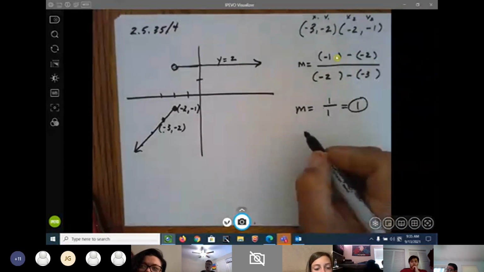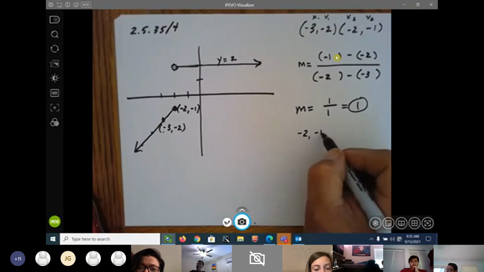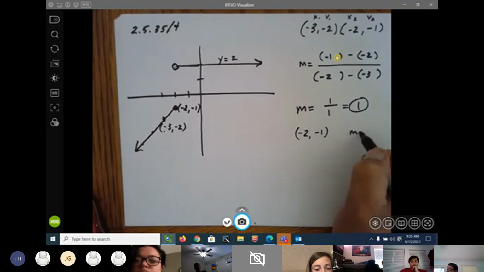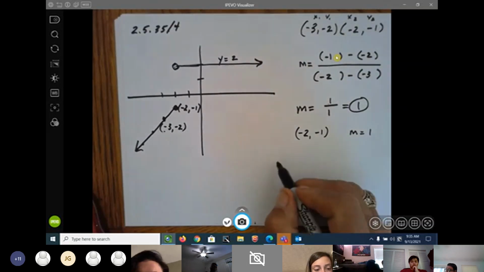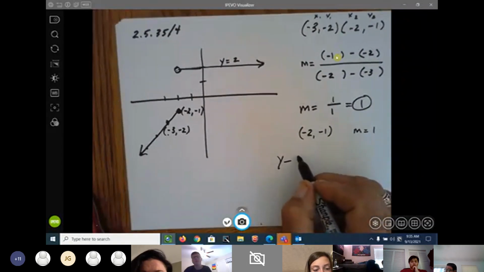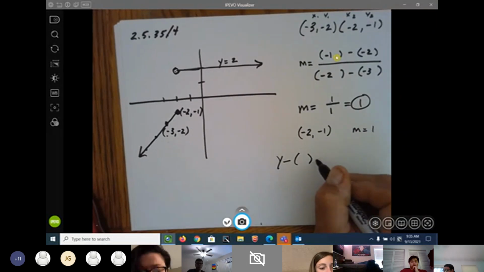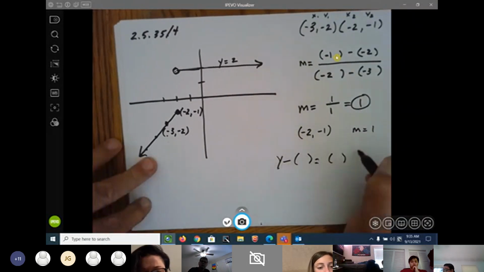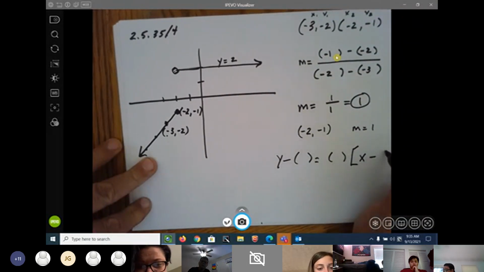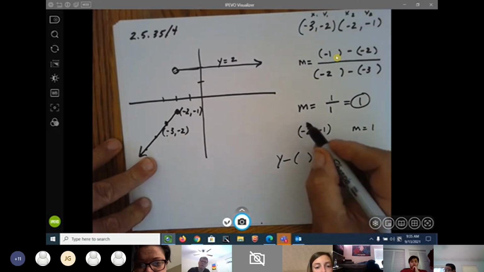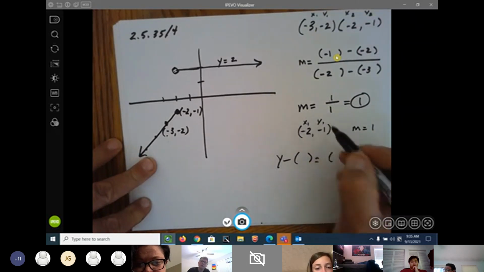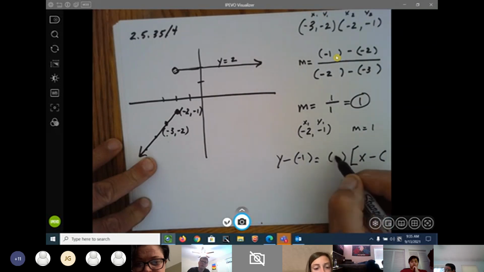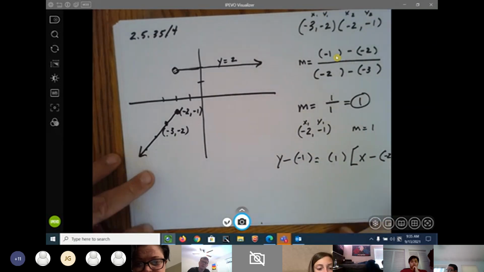And I'm going to pick a point, -2, -1, and M is equal to 1. So y minus y sub 1 is equal to M times x minus x sub 1. This is x sub 1, this is y sub 1, -1, -2.